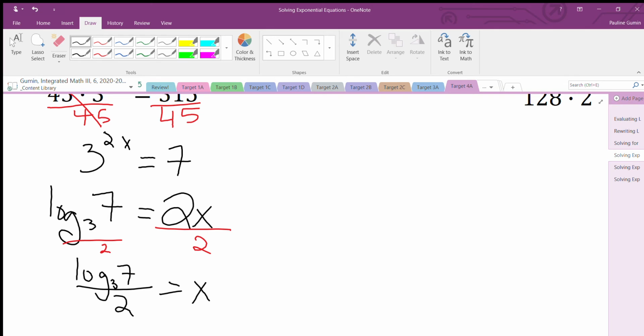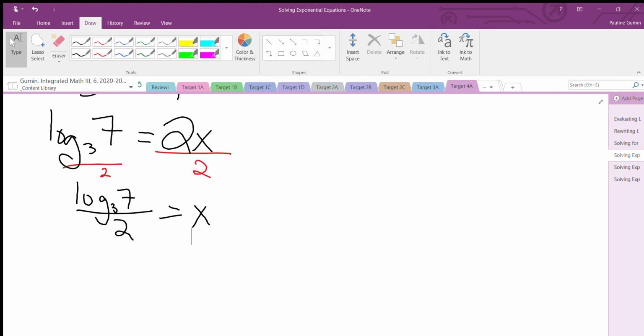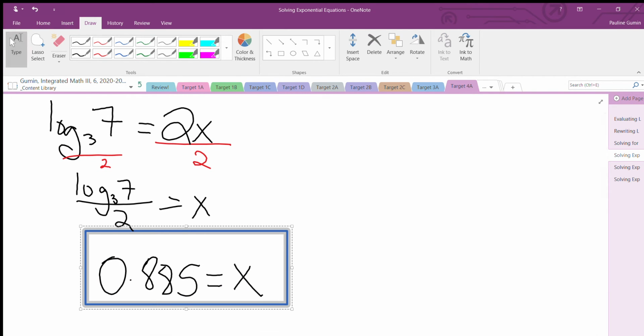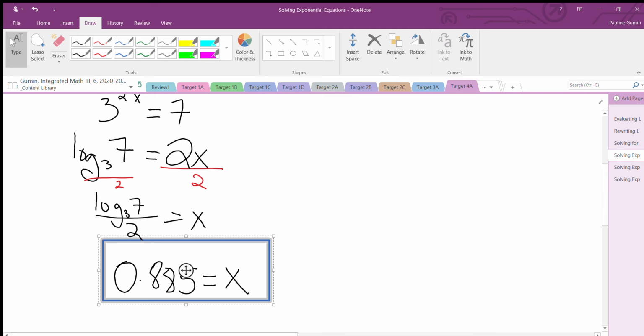All right, go ahead and plop that into your calculator, and we should get about 0.885. And I rounded, of course. Now, I do have a link to a logarithm evaluator.